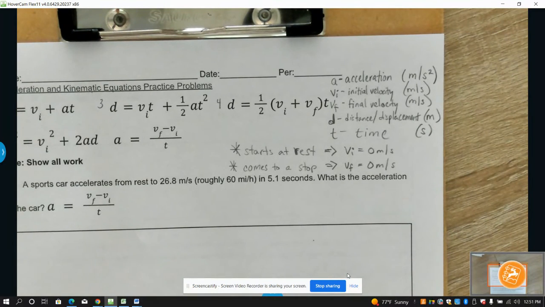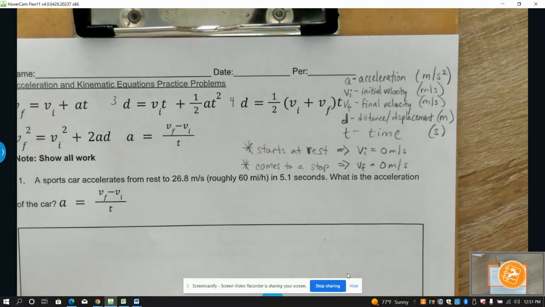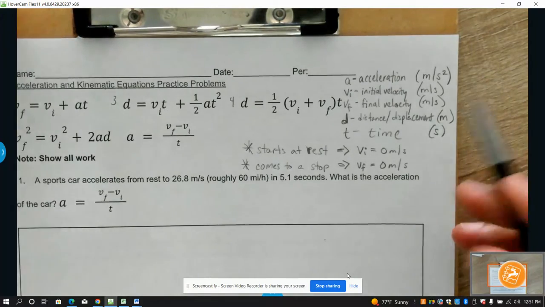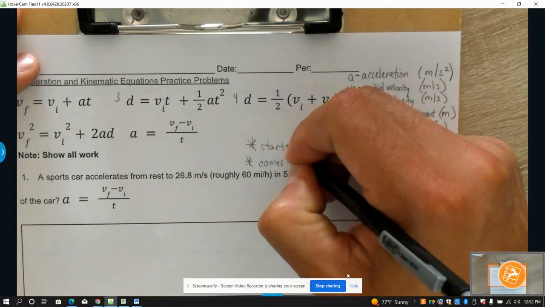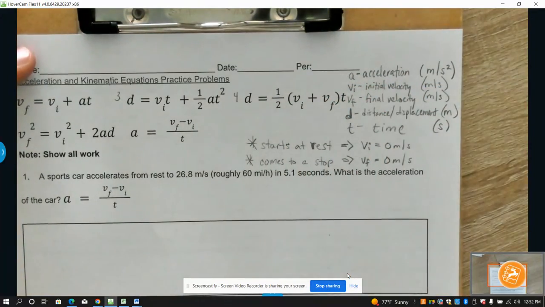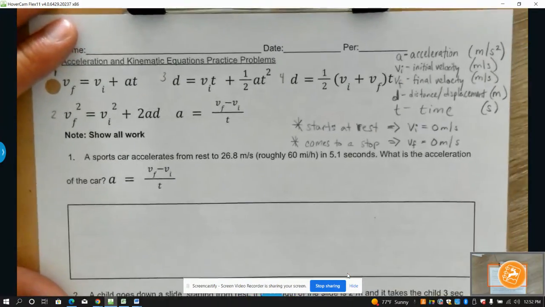What is the acceleration? Well, they didn't tell me the initial velocity. You've got to use some context clues and some real life knowledge and background information that you have on a subject to be able to put those things together and interpret it in the correct way. Now, let's begin.